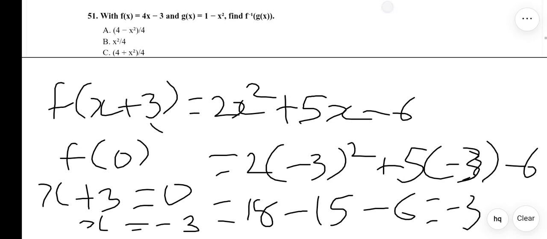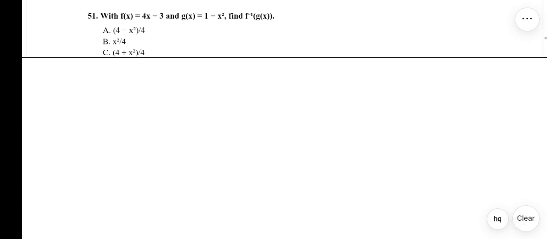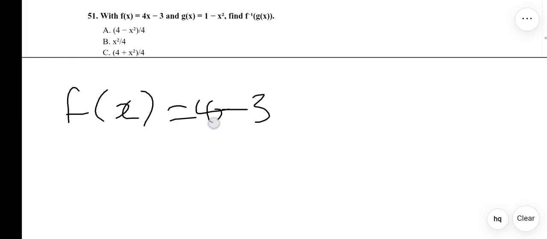So moving to question number 51. I was given that if my f of x is this, I'd find f inverse of g of x. So if I want to find f inverse of x, since I know my f of x is 4x minus 3, I will equate it with y. So I'll make x the formula.